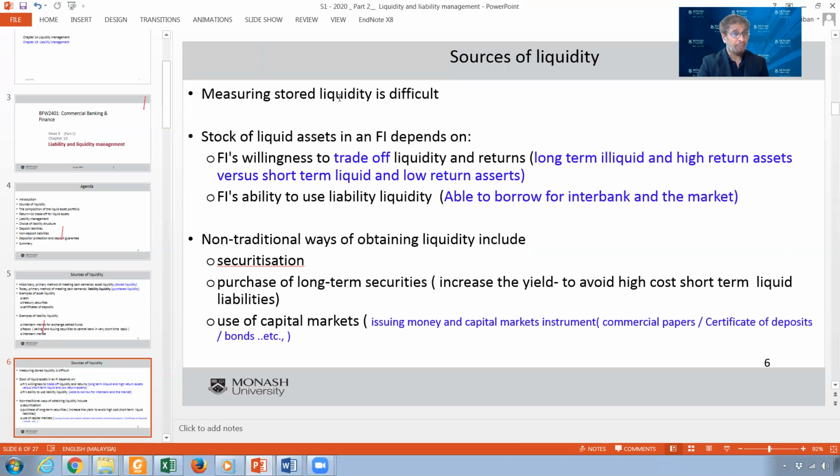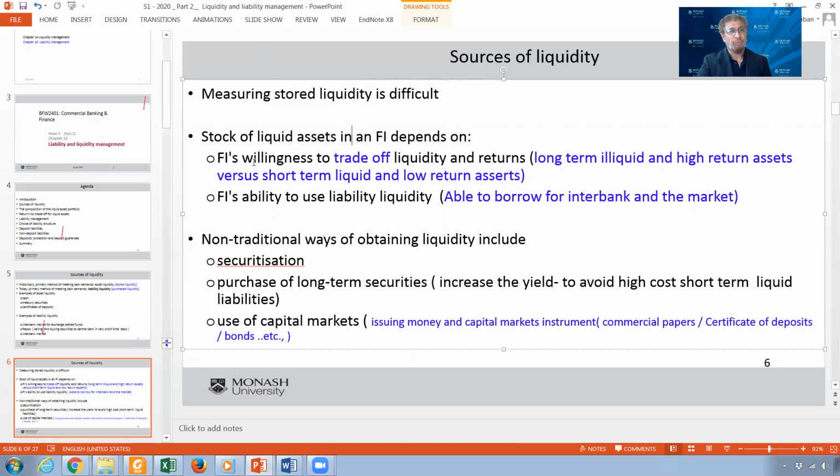The other thing is, if you have those securities and you want to liquidate them and see how much they will give you later on, this is also another difficult issue because you don't know what the status in the market is when you sell those assets. So it's a little bit difficult to predict, but we use normal distributions, as I will show you later on, to measure liquidity.